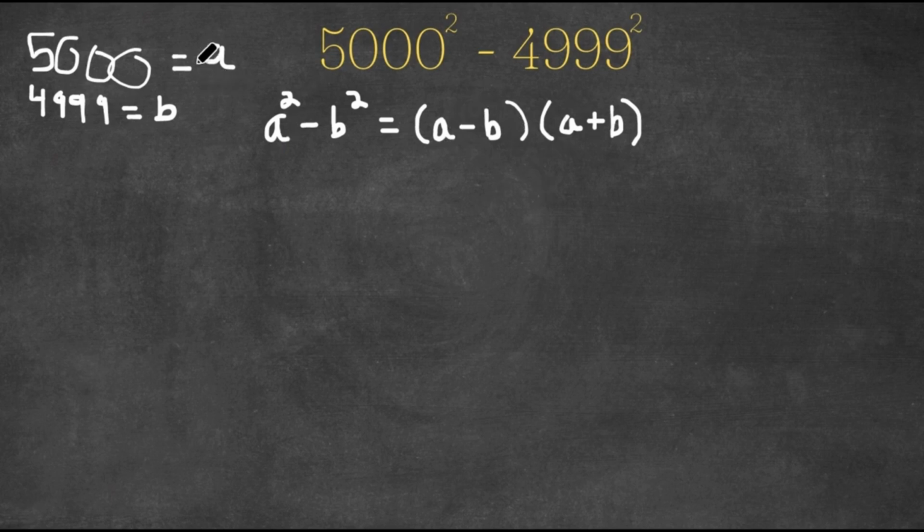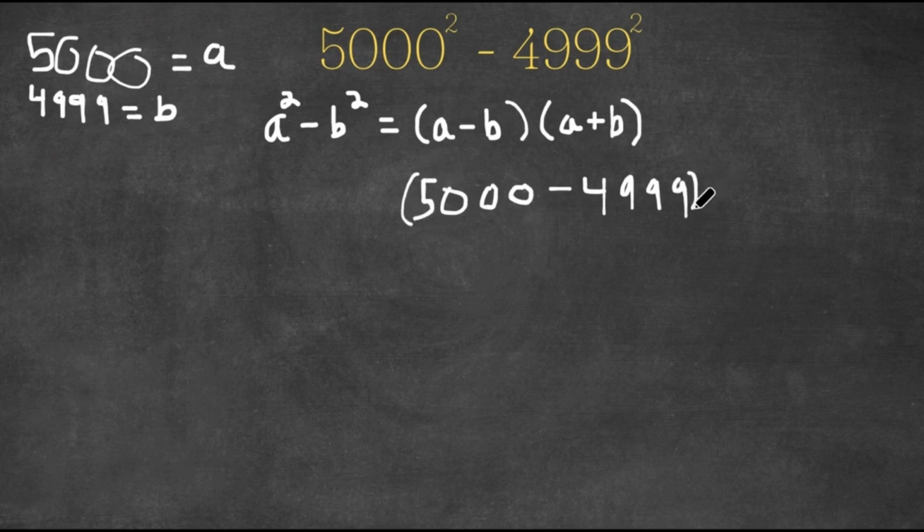So a minus b, meaning 5,000 minus 4,999, times 5,000 plus 4,999.